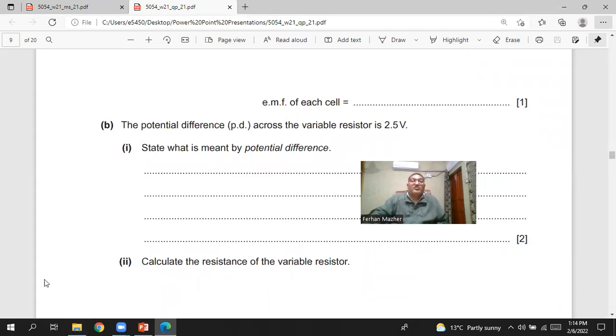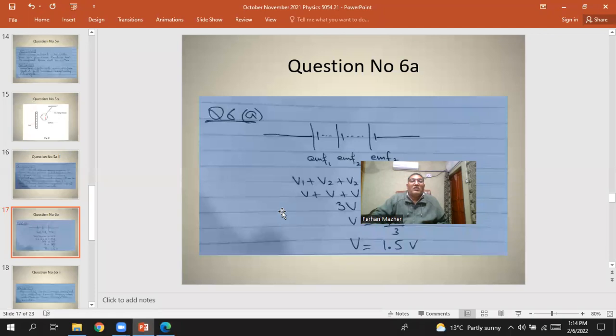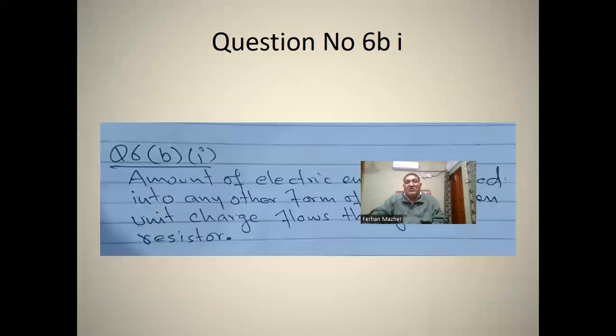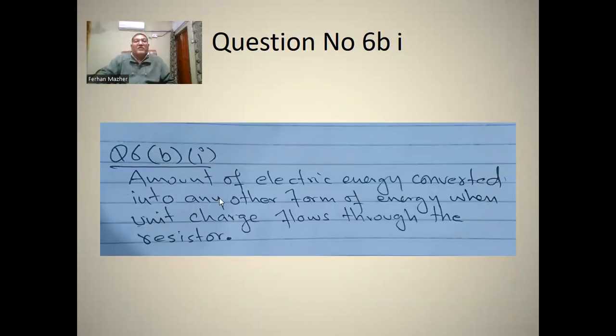So let me show you. The amount of electric energy converted into any other form of energy when unit charge flows through the resistor is known as the potential difference.